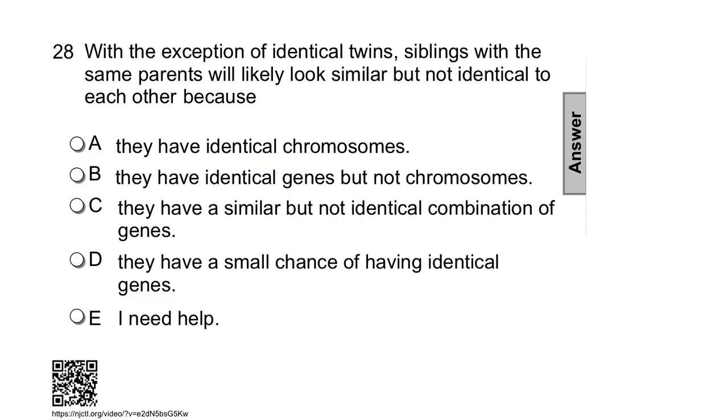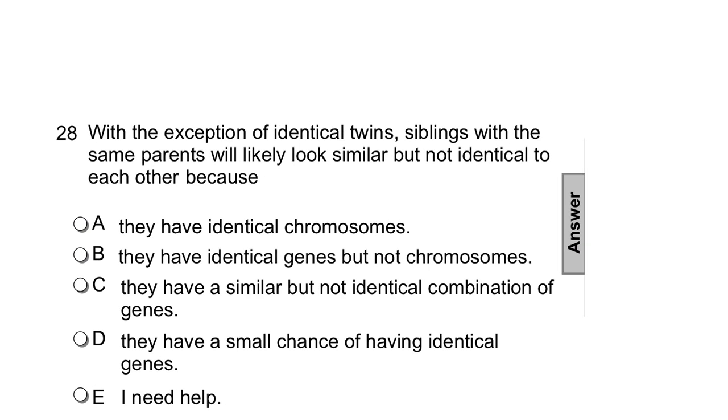No, identical twins came from one zygote. I didn't tell you this, but one zygote is 2N. Then it forms 2 by mitosis. It forms some more 2N cells.